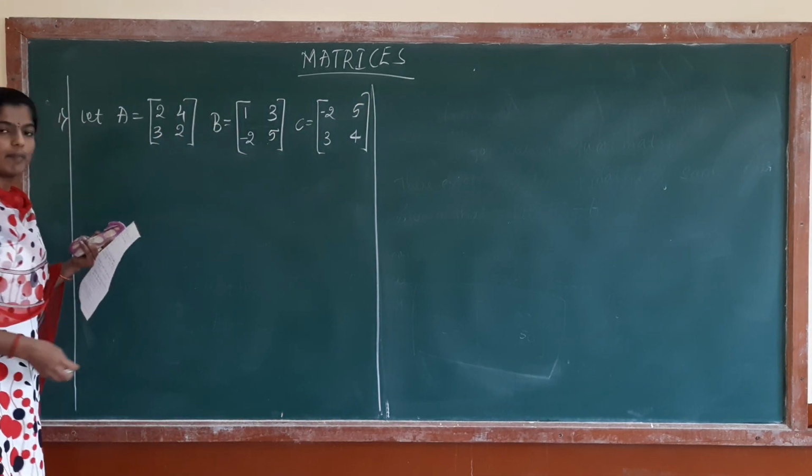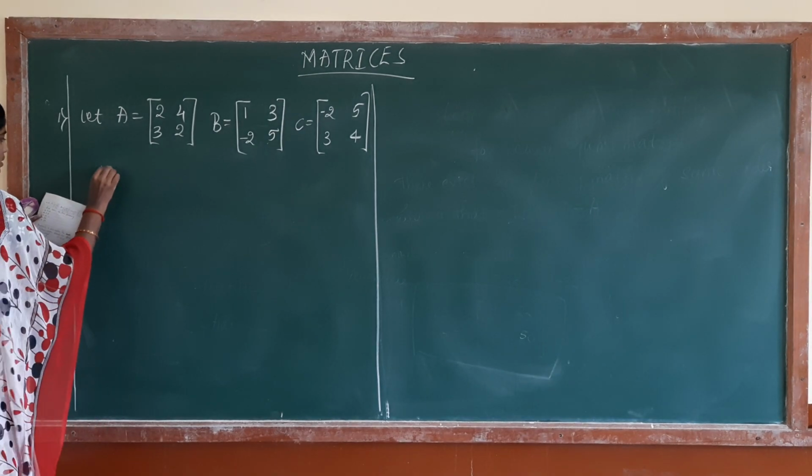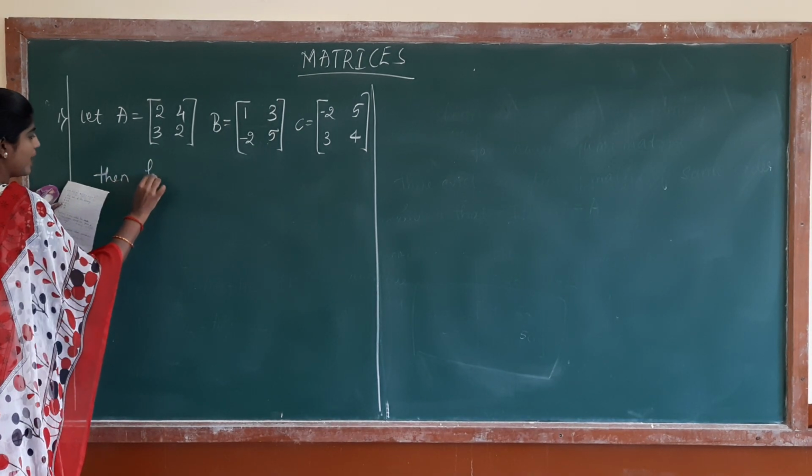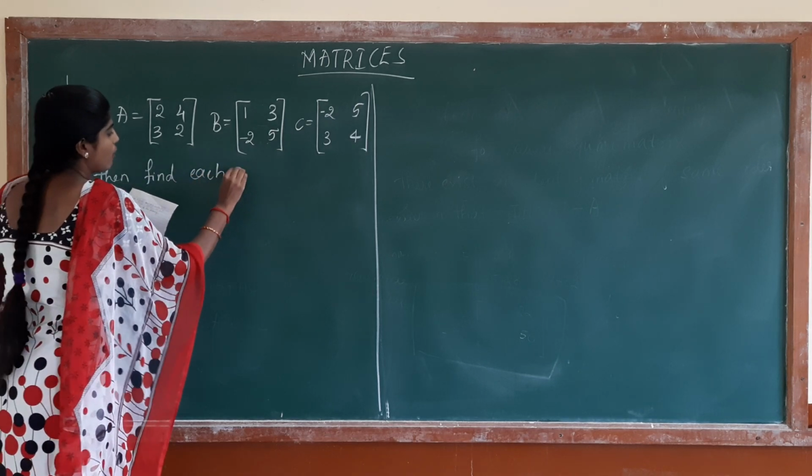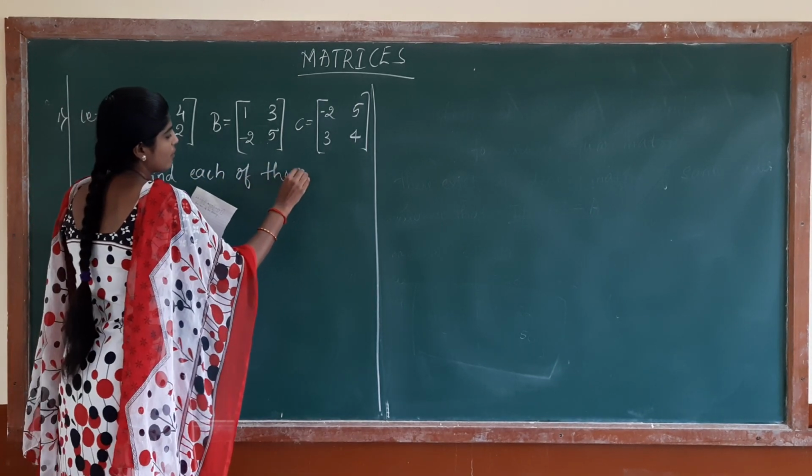These are the three matrices. Then find each of the following.